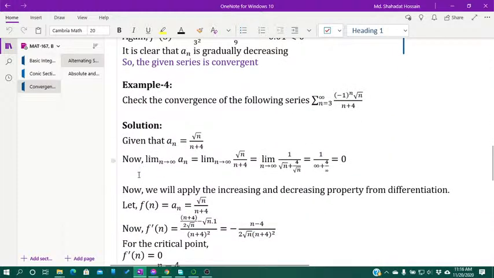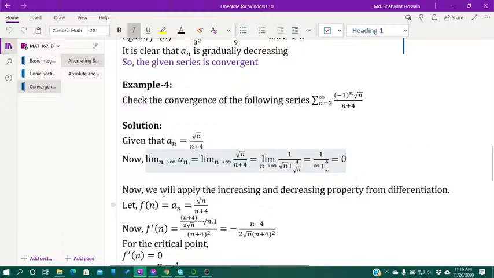Now the same thing we will apply here. Let's check the convergence of the following series. Given that a_n equals root n by n plus 4, now the limit as n tends to infinity, after simplifying we will get 0. So the first condition is satisfied.